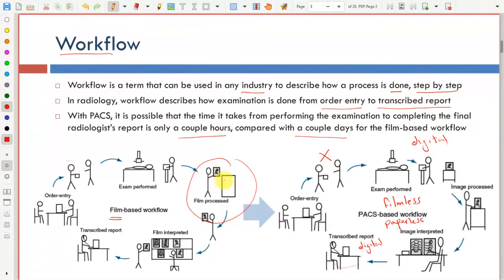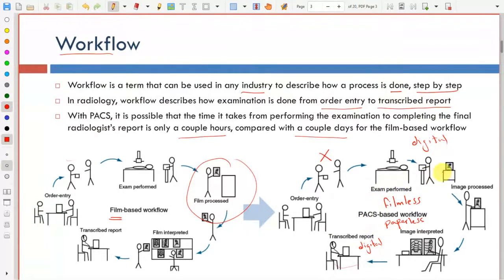These things involve people physically moving the film from one place to another, and you might put it somewhere where the doctor doesn't see it, so it can get delayed a little. Usually here you're talking about a day or two. Here you're talking about much less time.